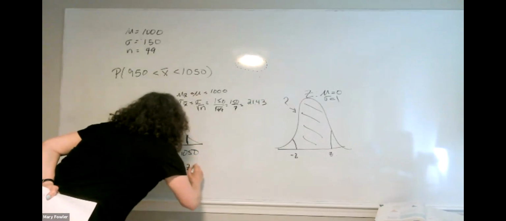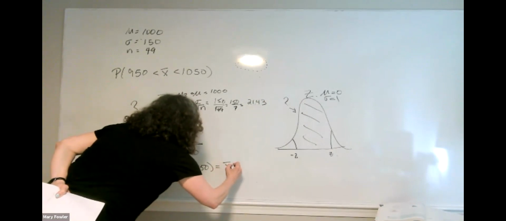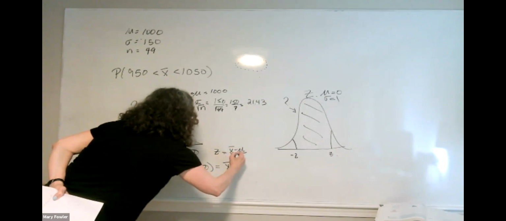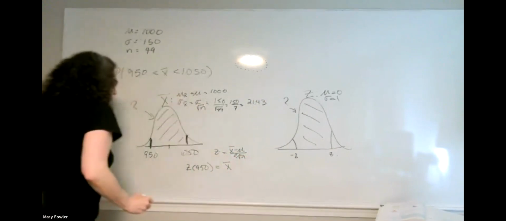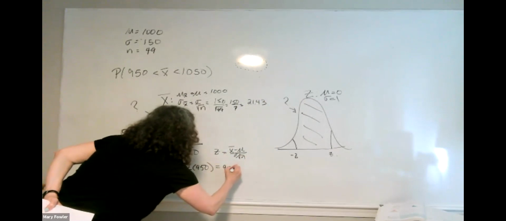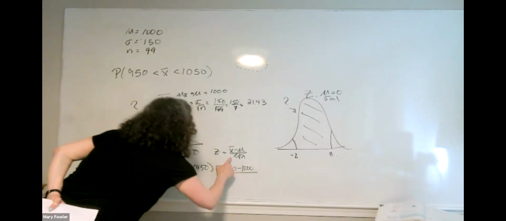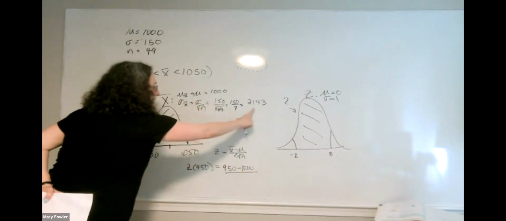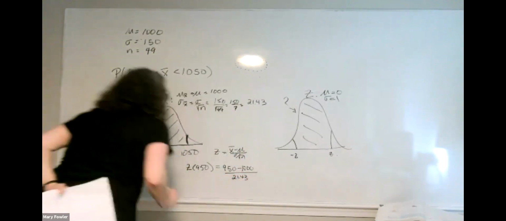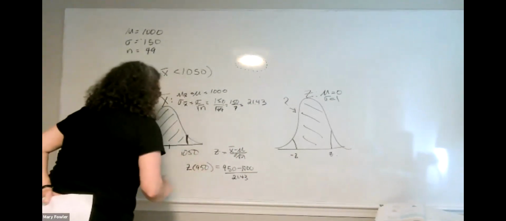So Z of 950 is equal to X bar. Here's the formula: Z is X bar minus mu divided by sigma over the square root of n. In this case, X bar is 950 minus 1,000 divided by sigma over the square root of n. We already calculated it here, so we'll take that whole thing, 21.43. Be careful not to divide by n twice, or square root of n.